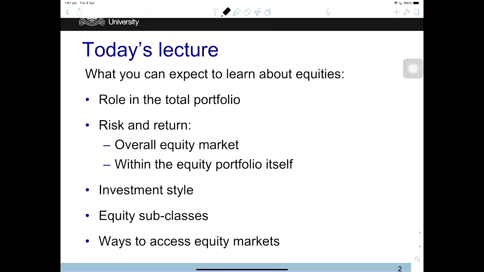And then we're going to look at the characteristics, the contribution of equity into the total portfolio risk and return, and also within the equity portfolio, what will be the characteristics of risk and return. And lastly, we're going to have a look at the subclasses, sections within the equity asset class.